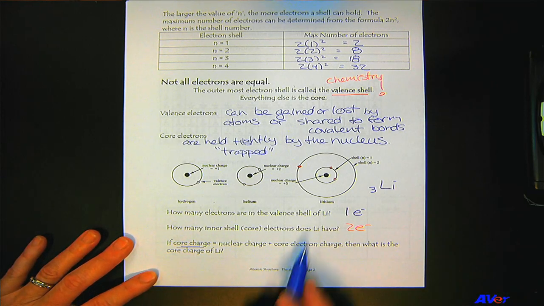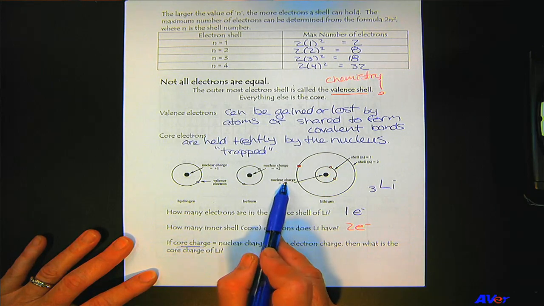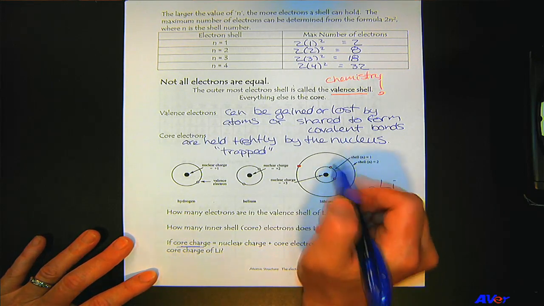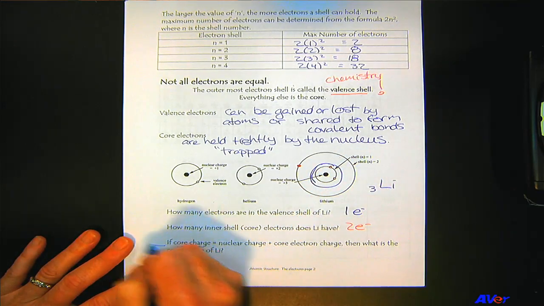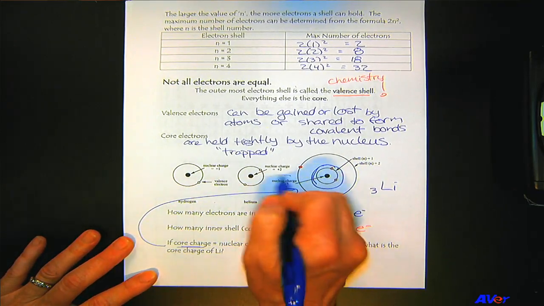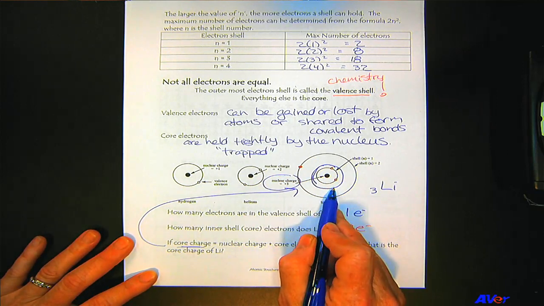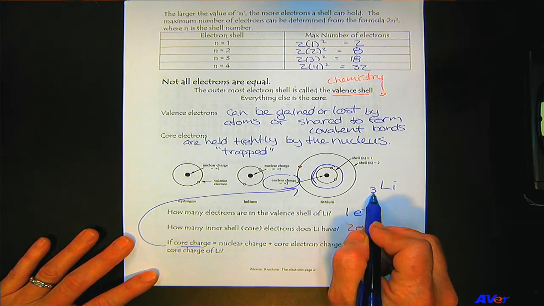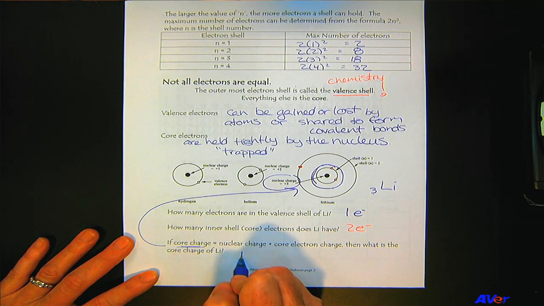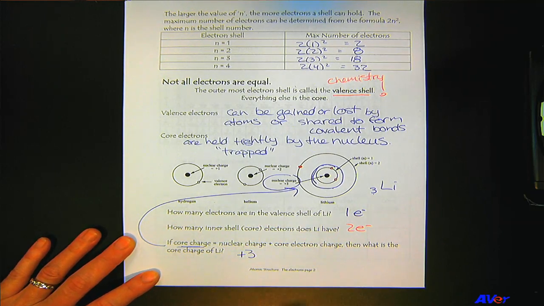Okay, so now we can get this idea of core charge. So the core charge would be the charge right here. So it's the nuclear charge and the core electrons. Okay, so the nuclear charge: lithium has 3 protons, so that would be plus 3. Now we're going to add to that the core electron charge.